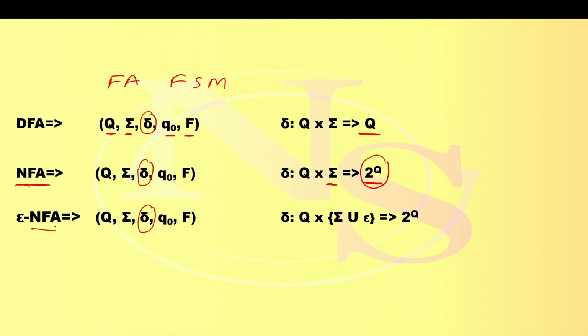Same in the epsilon NFA also. NFA and epsilon NFA are exactly the same, except here the input set symbol is sigma, here also sigma, but in addition to that we have epsilon. That's the change, and that defines our epsilon NFA.